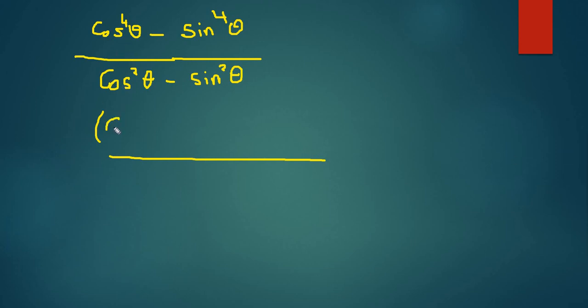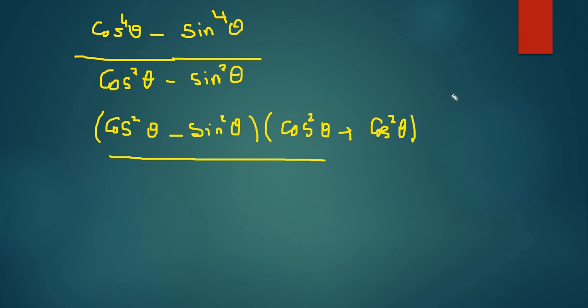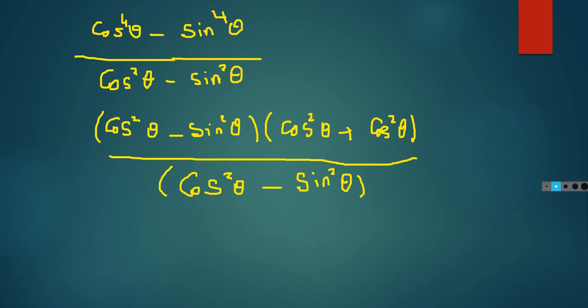Cosine power 4 theta minus sine power 4 theta factorizes to cosine power 2 theta minus sine power 2 theta, times the second bracket, cosine power 2 theta plus sine power 2 theta.